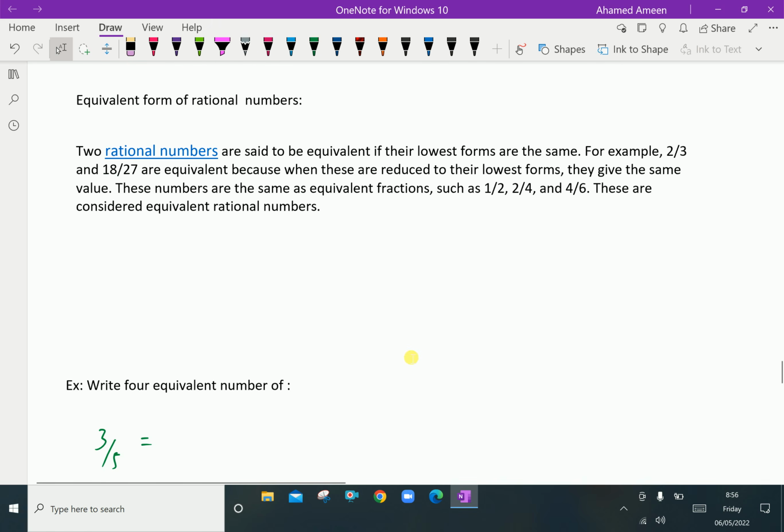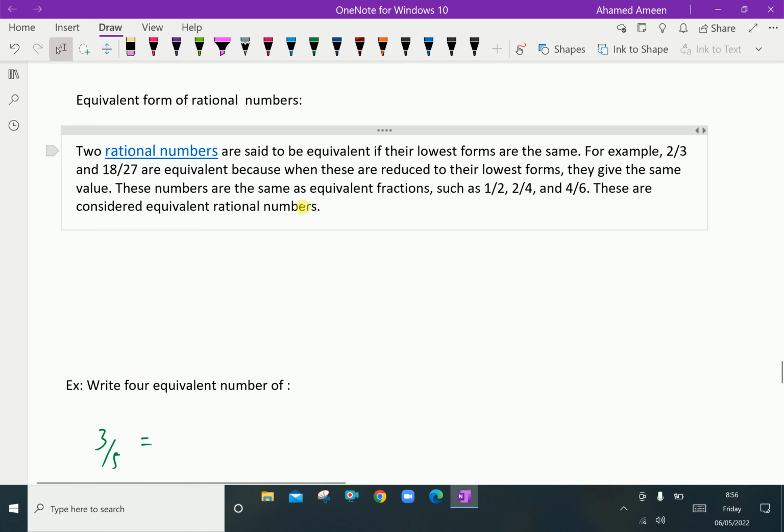Now next one, equivalent form of rational numbers. Two rational numbers are said to be equivalent if their lowest forms are the same. For example, 2 over 3 and 18 over 27 are equivalent because when these are reduced to their lowest form, they give the same value.